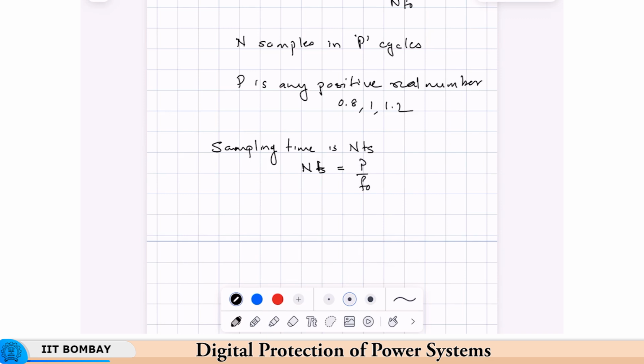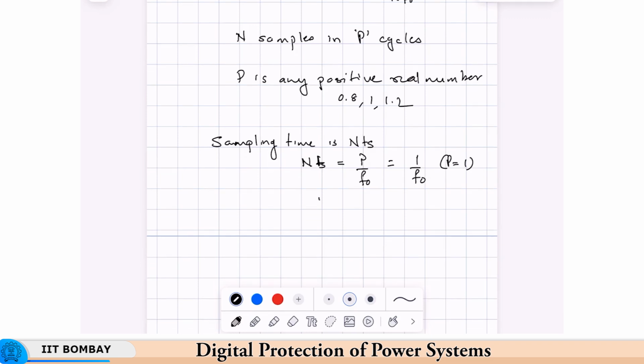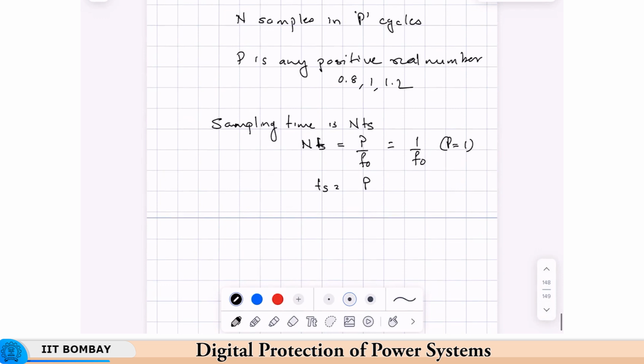Earlier, of course, P was 1, so N Ts was equal to 1 by f naught, for P equal to 1. So, Ts is nothing but P by N f naught, or in other words Fs is equal to N f naught upon P.